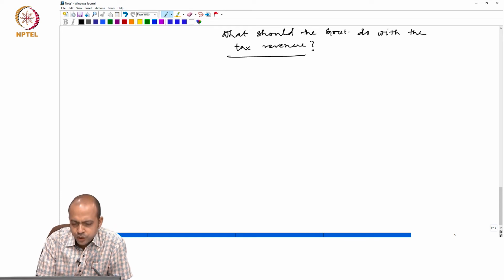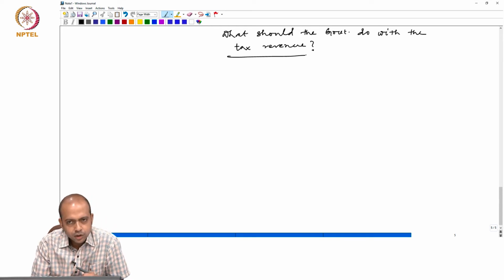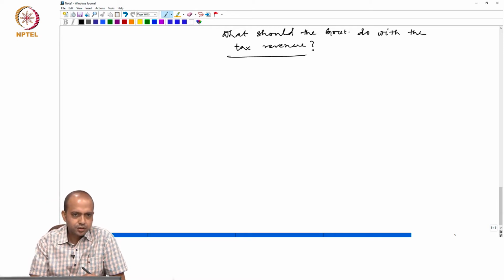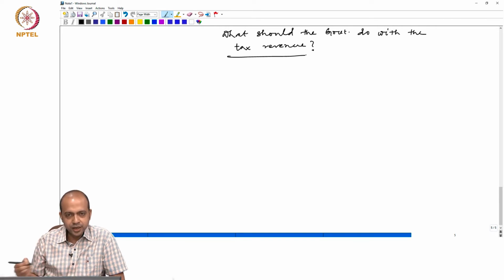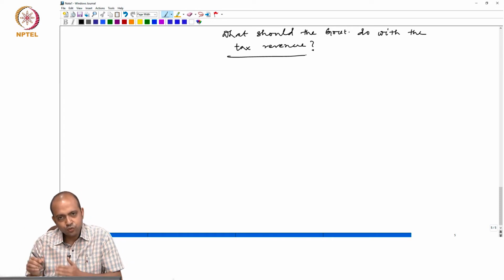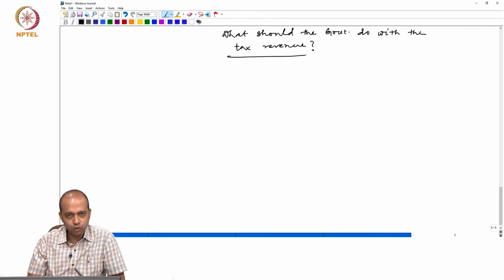Now, economists suggest that this tax revenue should be used in other areas in such a way that society's reliance on tax revenue from some other sources goes down.